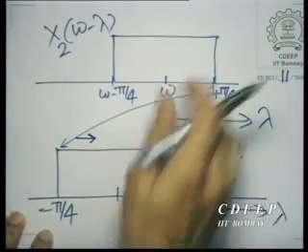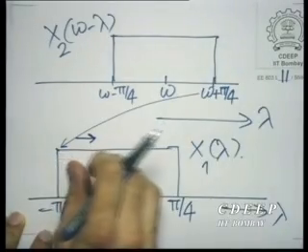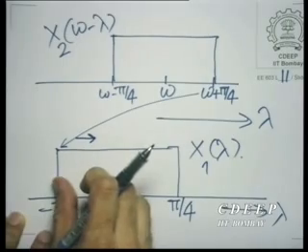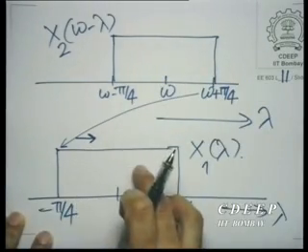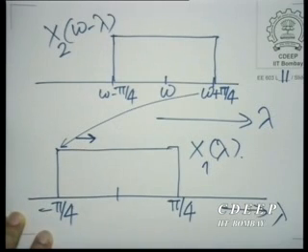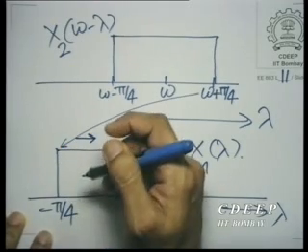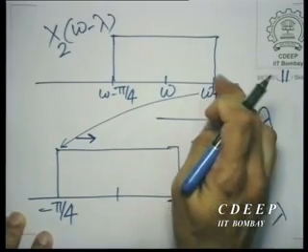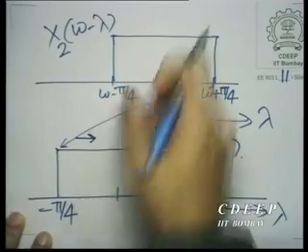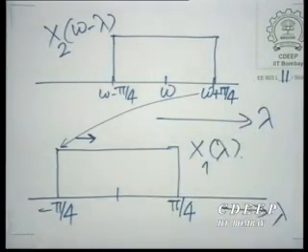So you have more and more of this square overlapping with this rectangle here. And as omega moves along this, the area increases linearly. The area is obviously equal to this height into the base which overlaps, and that base increases linearly with time. So there is a linear increase.